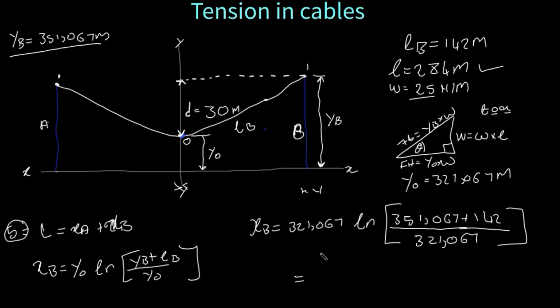Then that is going to give us 137.736. Then we're going to multiply it by 2 because they are the same, which will give us an answer of 275.472 meters, which is going to be the distance between the two supports.